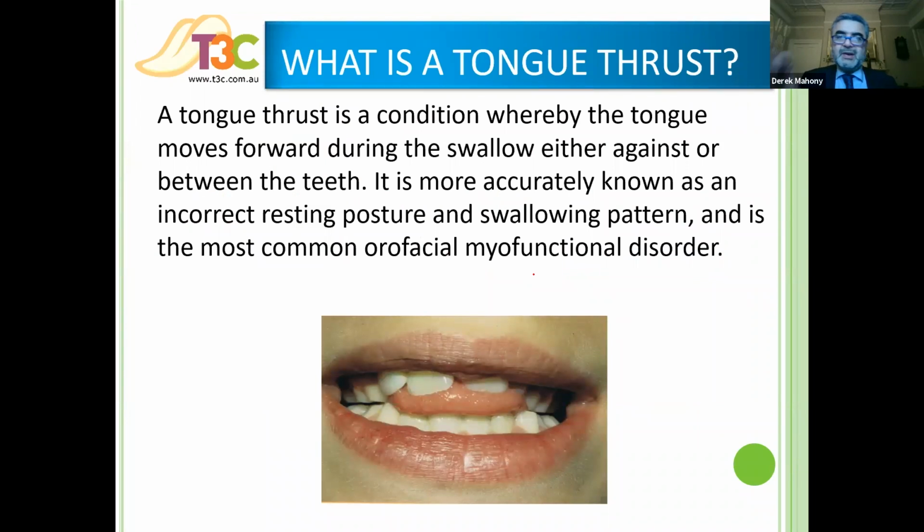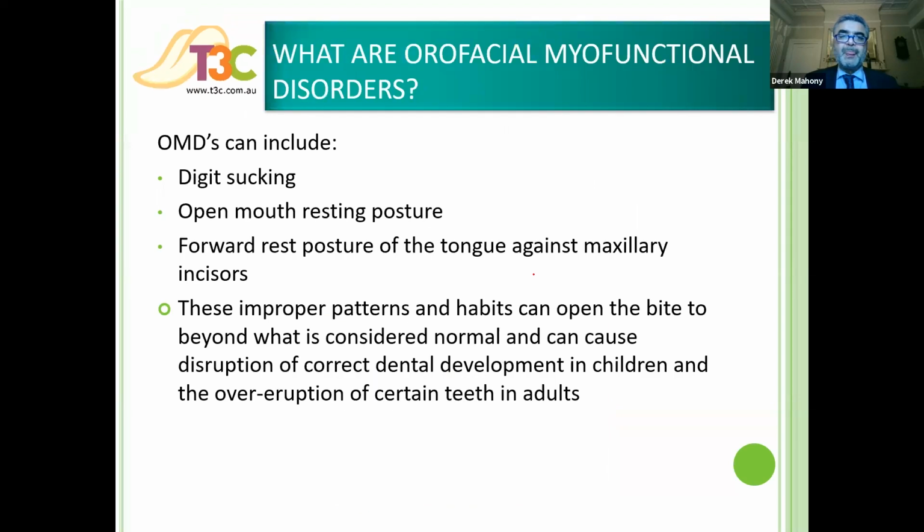Right, so to summarize tonight's lecture, I hope you all understand now what a tongue thrust is. That's going to be one of your MCQs. It really is where the tongue moves forward during the swallow, either against or between the teeth. And what is an orofacial myofunctional disorder?